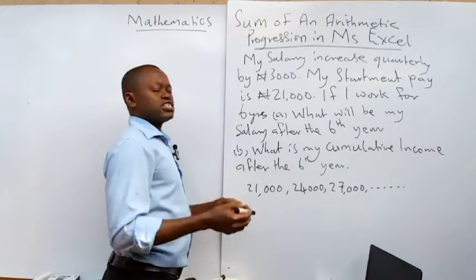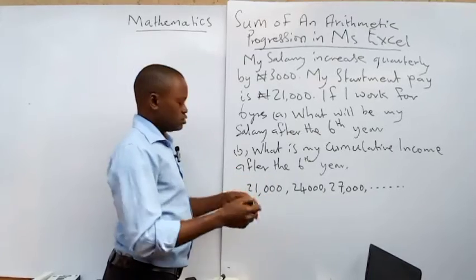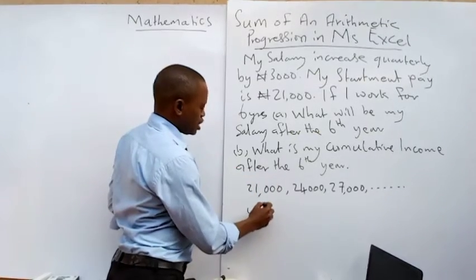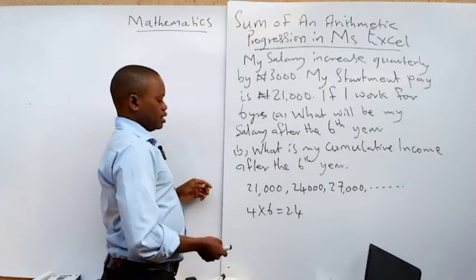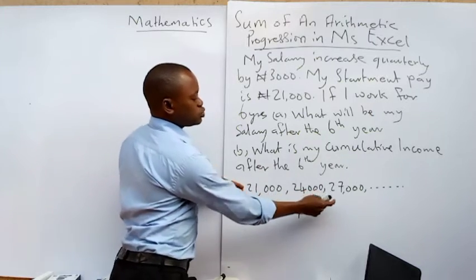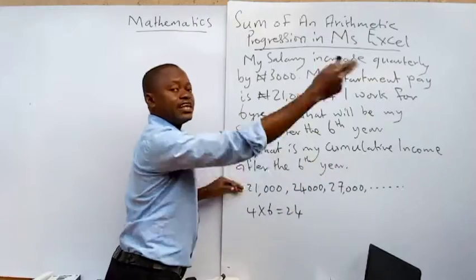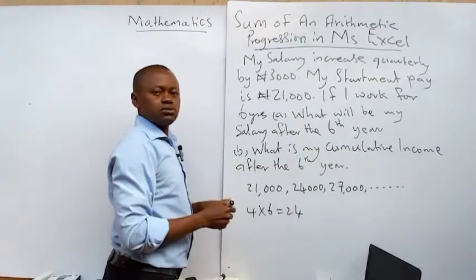Now, 4 times 6 years will give us 4 times 6, that will give us 24. So in this progression, the person wants to know what will happen when n is 24.